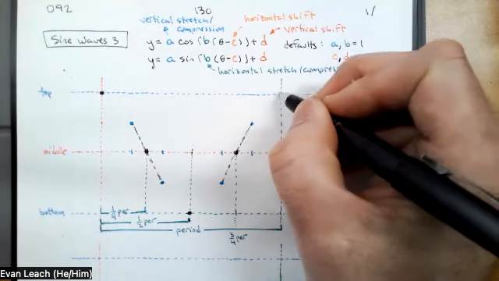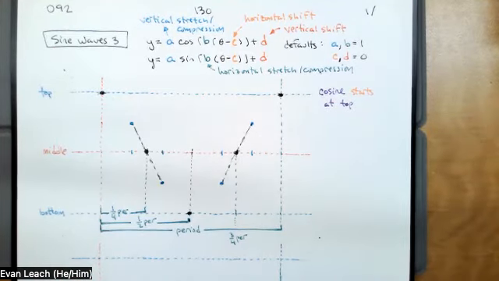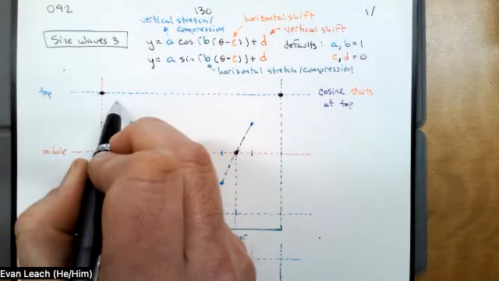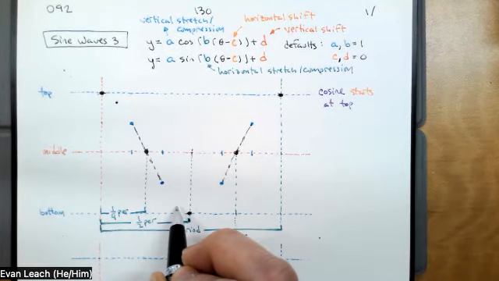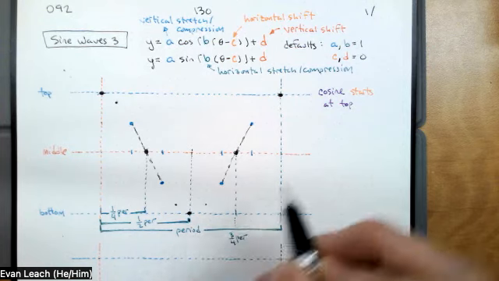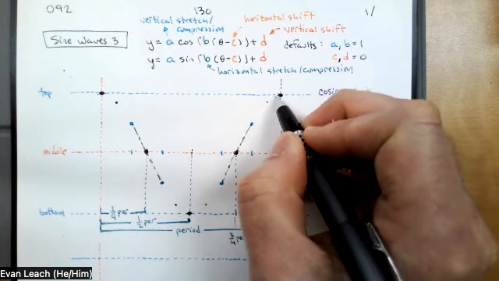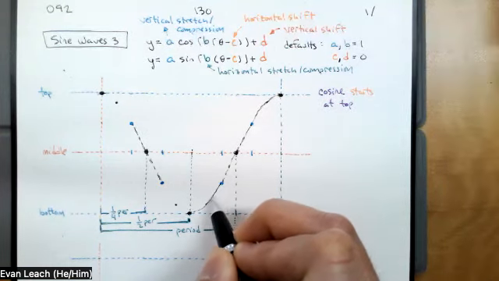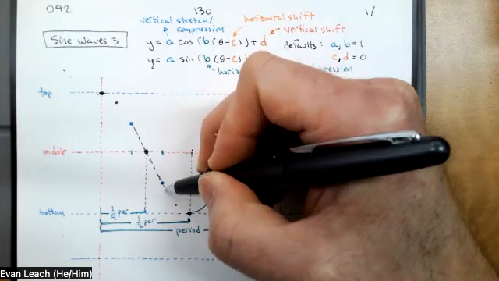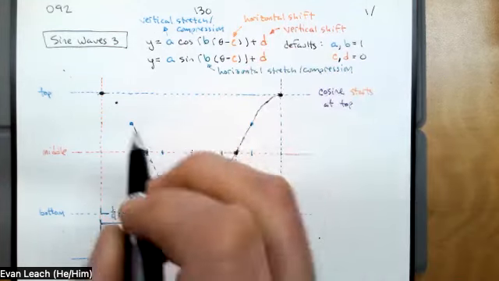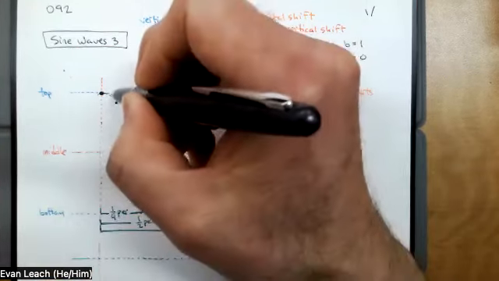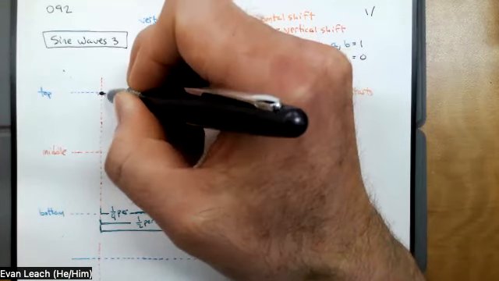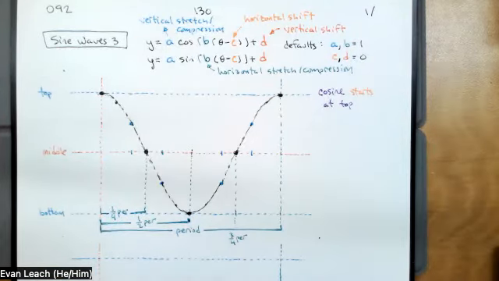Flatten the graph on the bottom and the top. If you want a little extra detail, go for your pi root 3 over 2s. There's our regular cosine. Regular cosine starts at the top.